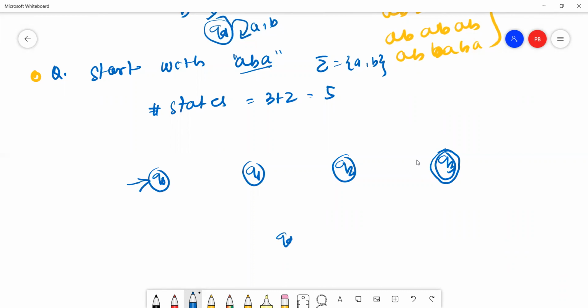Then QD is my dead state, which has a self loop on all inputs. Now simply draw the minimum length string: A, B, A. A string must start with ABA.